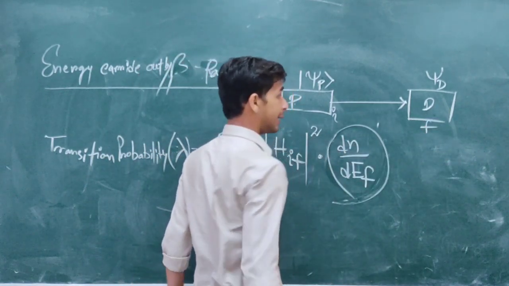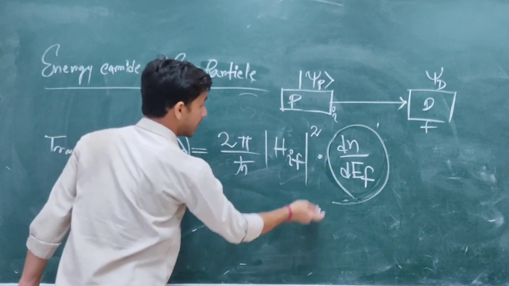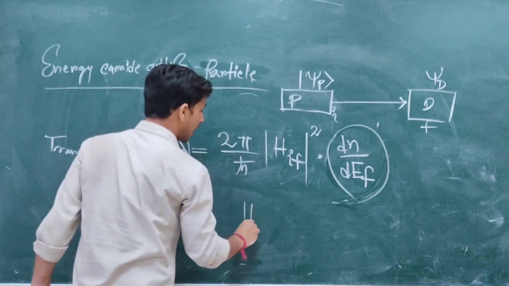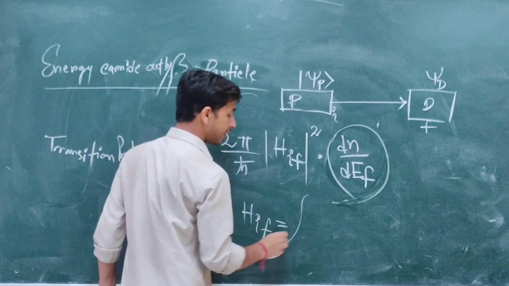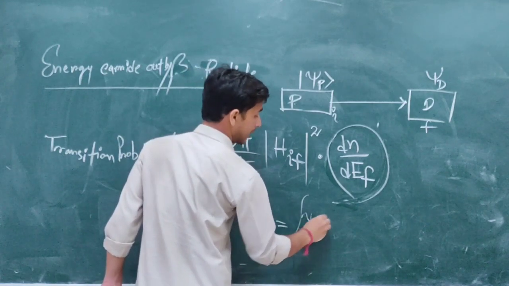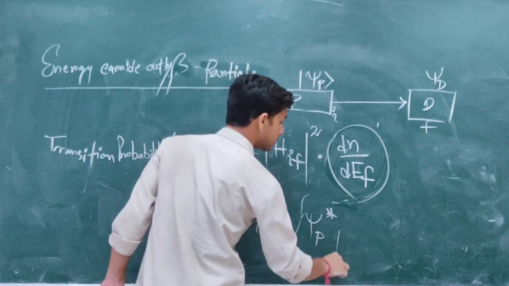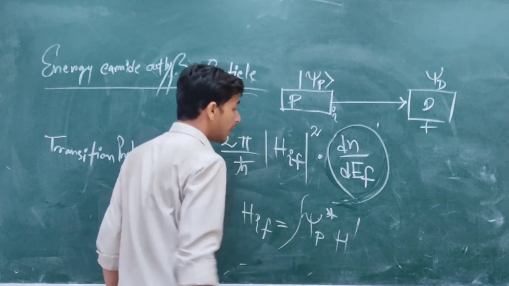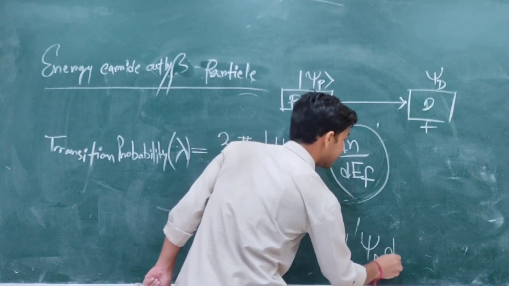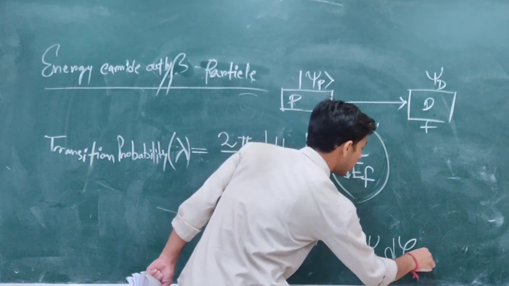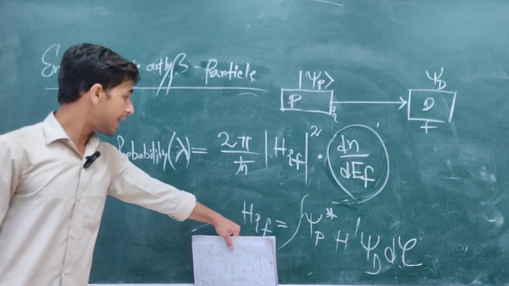This state density will decide the transition probability, where H_IF equals the integration of the initial wave function psi p star, times the perturbation Hamiltonian, times psi daughter, integrated over the entire volume of the nucleus. So this is H_IF.